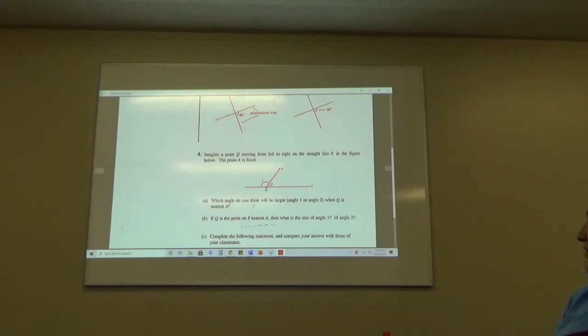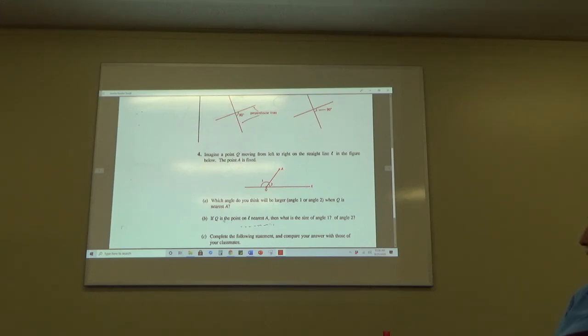Okay, now, which angle do you think is larger when Q is nearest to A? To get closer, I'm going to have to move it this way. And what's going to happen to those angles? They're going to eventually equal out.